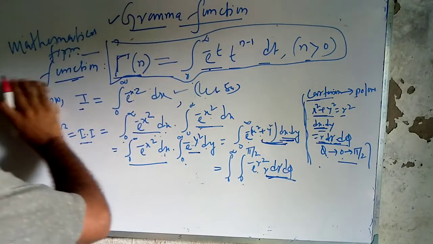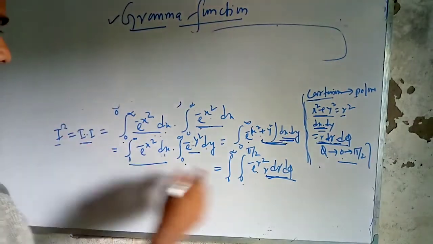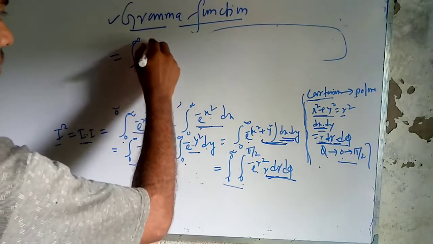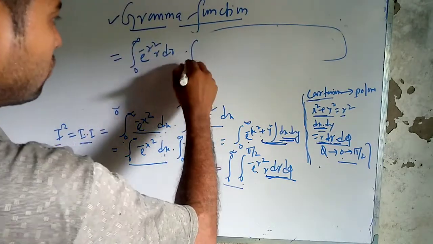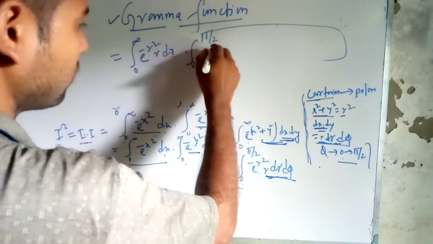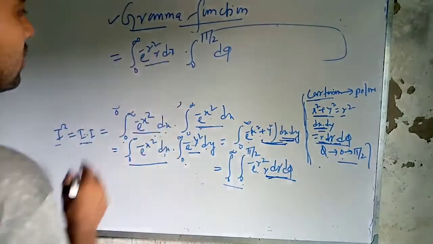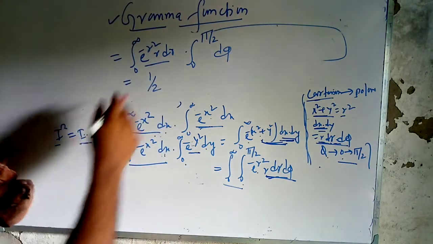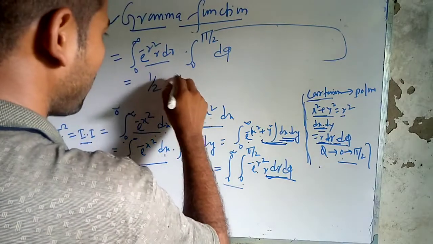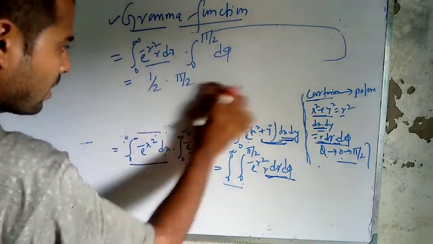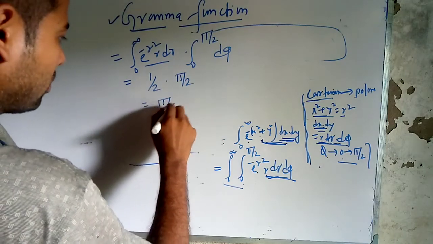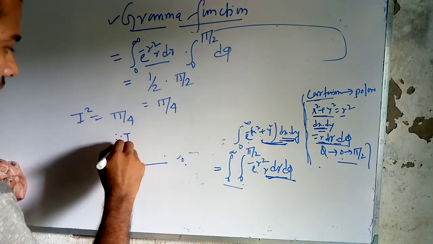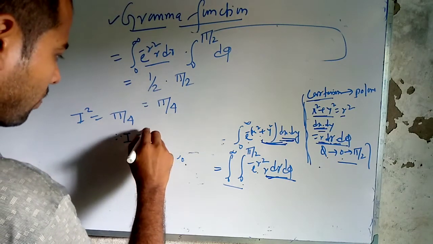Integrating, the r integral gives one half by integration by parts, and the phi integral gives pi by 2, so it is pi by 4. Thus I square equals pi by 4, and hence I equals root pi by 2.